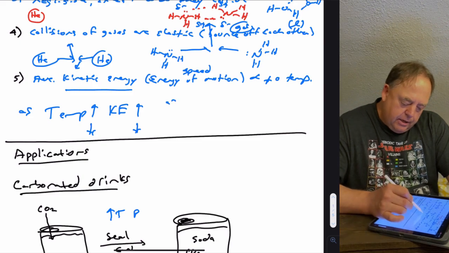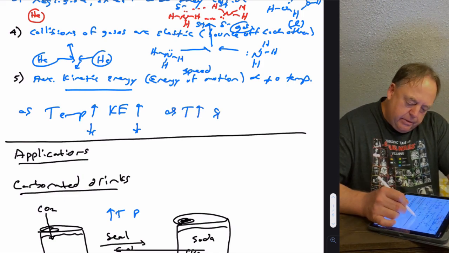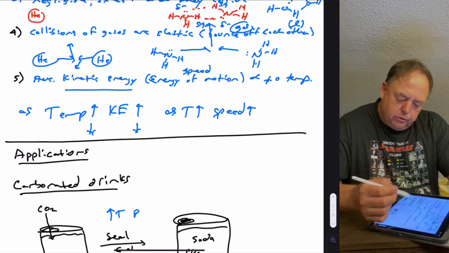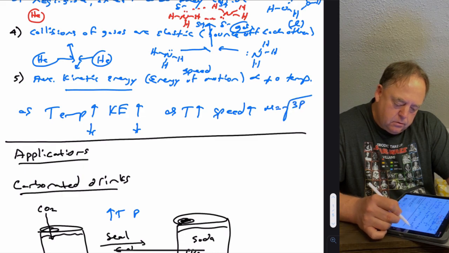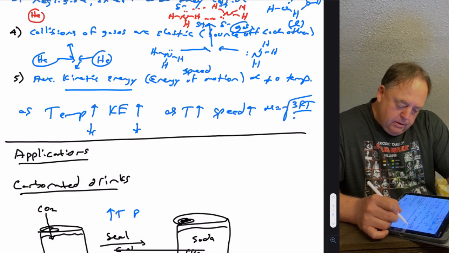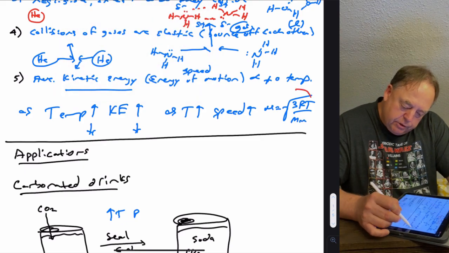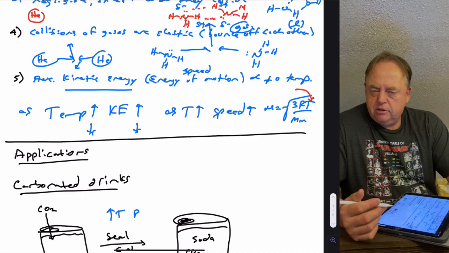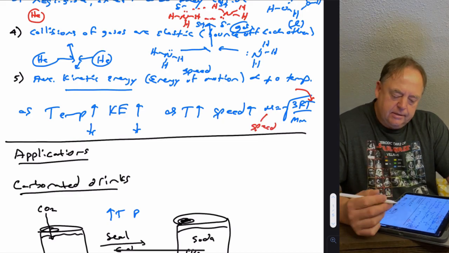So as temperature goes up, the speed of the gas goes up. You see this in the equation for the molecular speed of a gas, where temperature is in the numerator, so as temperature gets bigger, the molecular speed of the gas gets bigger.